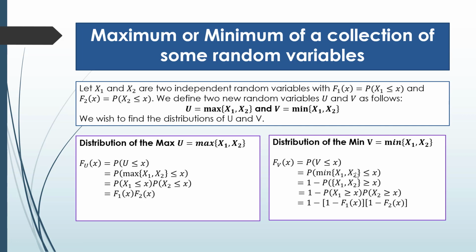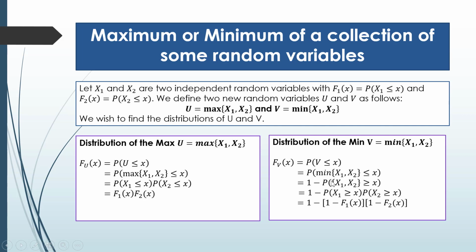But it becomes quite complicated if we divide into cases to work on this problem. So I'm going to use the complement rule to reverse the problem. By the complement rule, the probability that the minimum of x1, x2 is less than or equal to x is 1 minus the probability that the minimum is greater than x. Here it should be minimum, but I dropped the minimum.